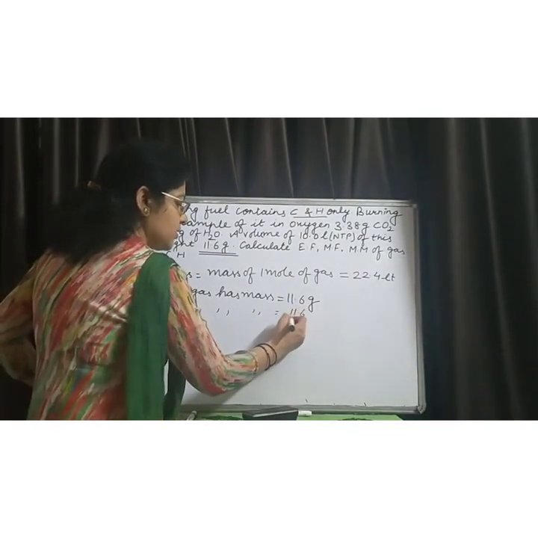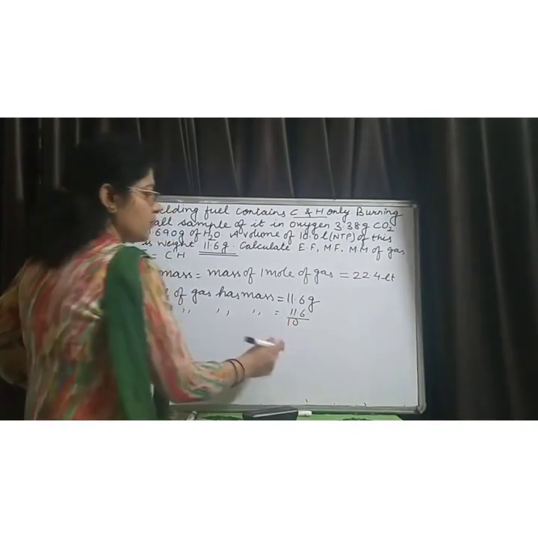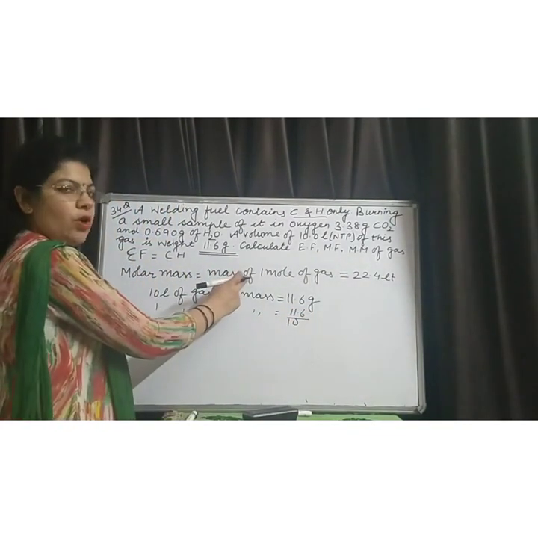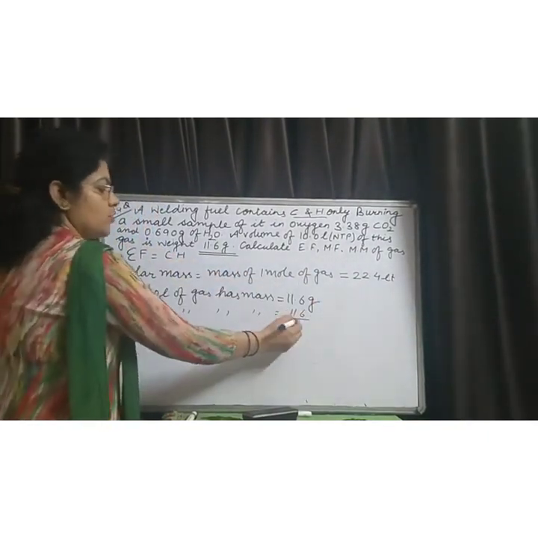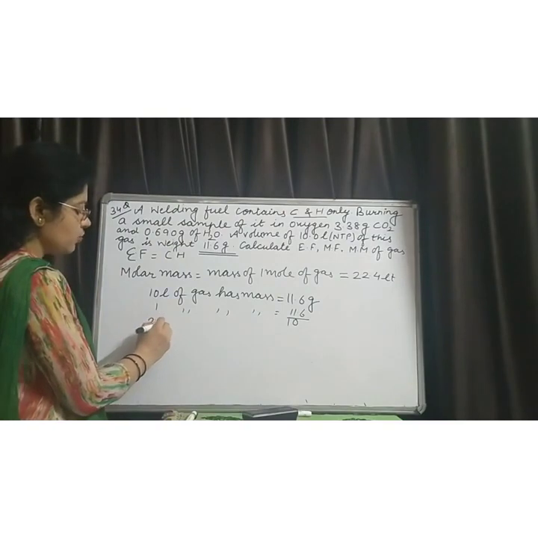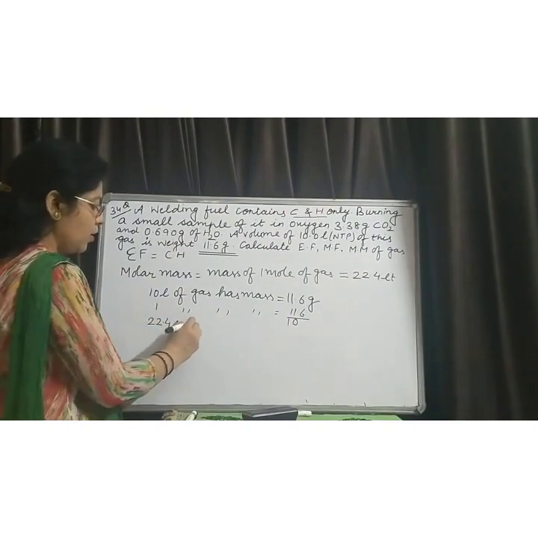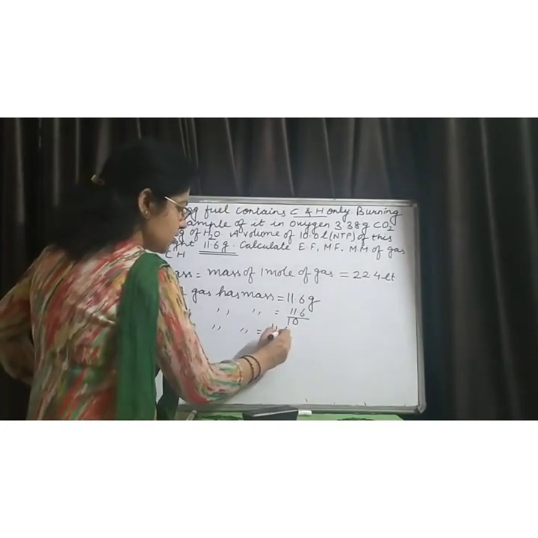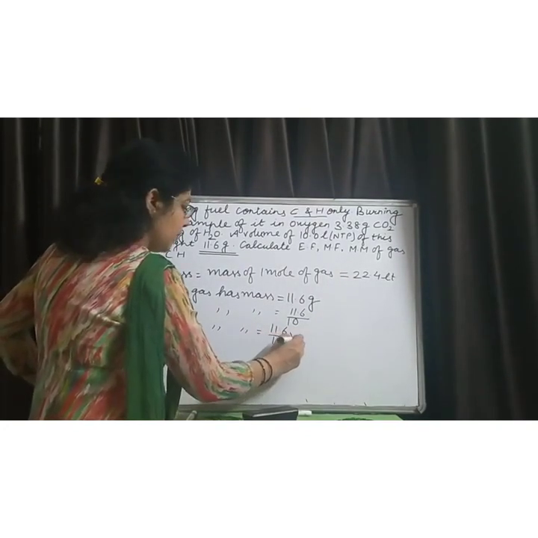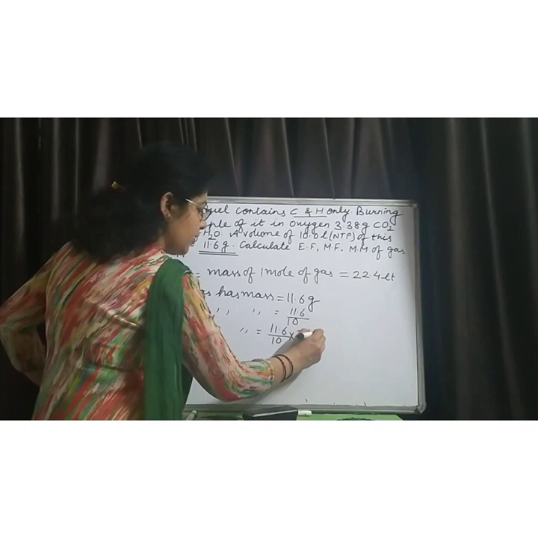So 11.6 divided by 10. 1 mole means the volume of the gas is 22.4 liters. So the mass of 22.4 liter of this gas is equal to 11.6 upon 10 multiplied by 22.4.